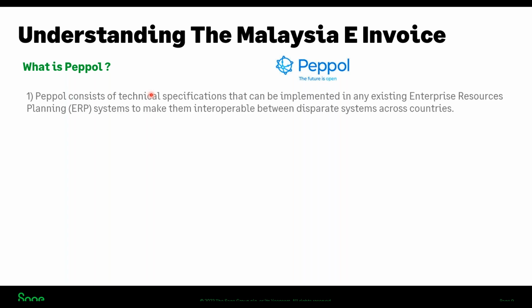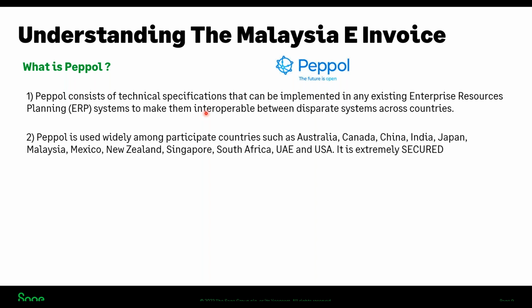So what is PEPPOL? This is their logo. PEPPOL consists of a technical specification that can be implemented in any existing ERP system to make them connect with each other across multiple countries. PEPPOL is used widely among participant countries such as Australia, Canada, China, India, Japan, now Malaysia, and even our neighbor Singapore, and also the USA.